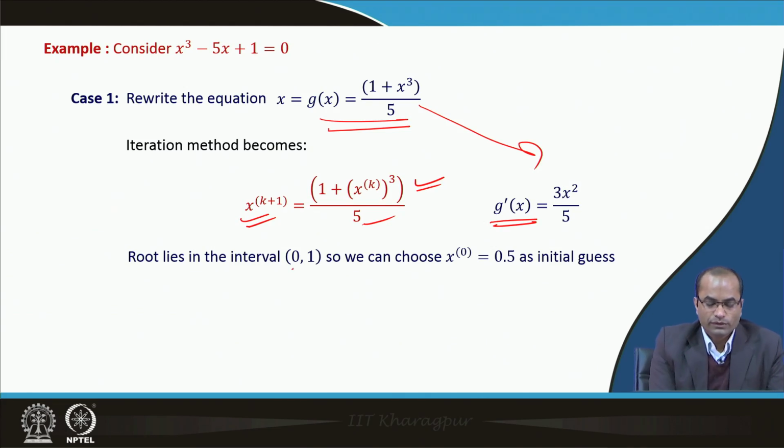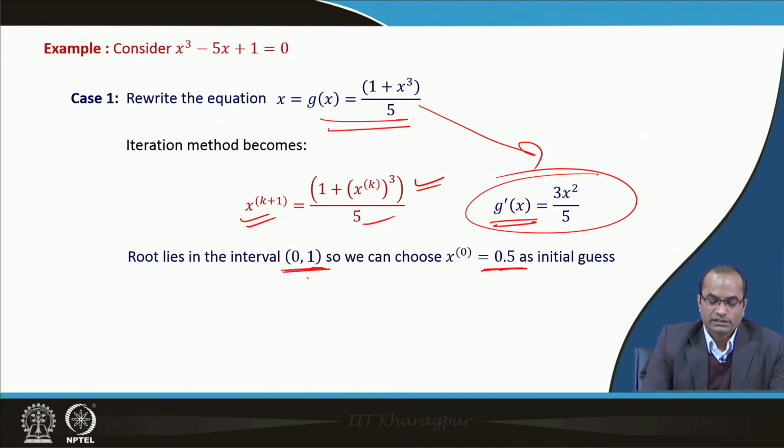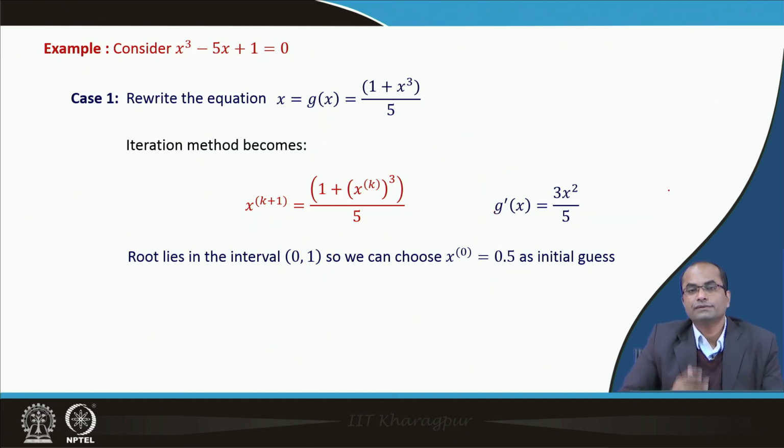We know that the root lies between 0 and 1. So, if we choose 0.5 as the initial guess in this interval, we are sure that for all values in this interval, g prime x is less than 1, so the sufficient condition for the convergence is satisfied.